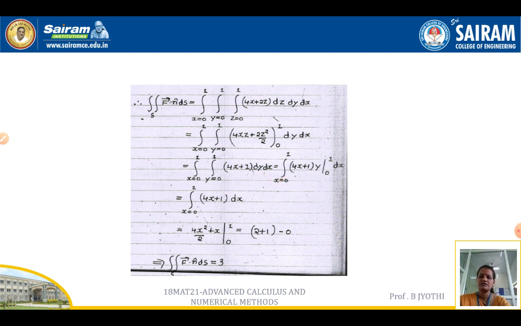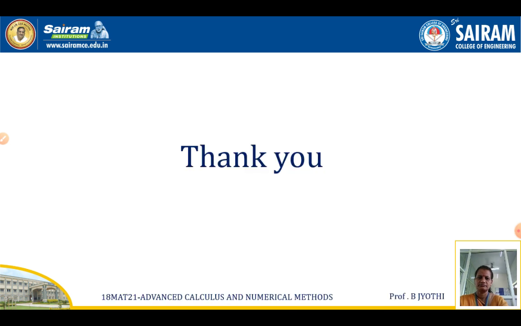Both 4x and 1 are constants when we integrate with respect to y, so (4x plus 1) into y, from 0 to 1, and we get (4x plus 1) dx, which again is integration with respect to x. 4x squared by 2 plus x, from 0 to 1, is given by 2 plus 1 minus 0. That gives us 3 as the answer. Thank you.